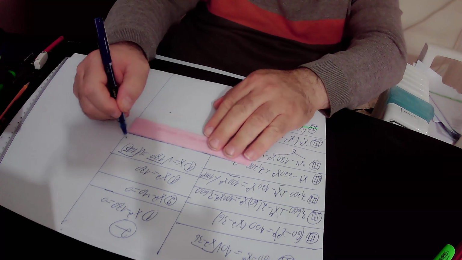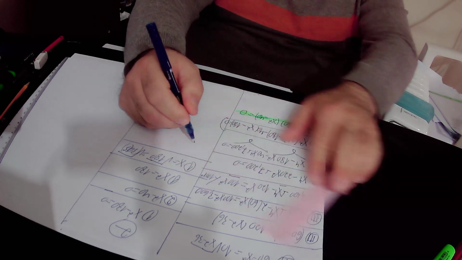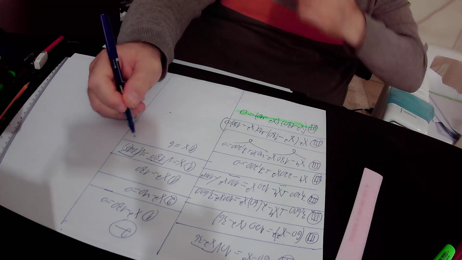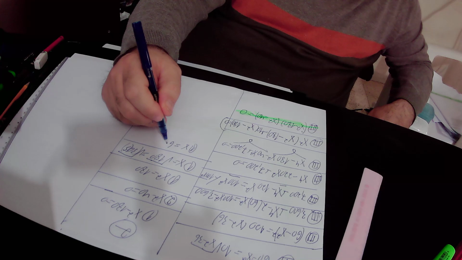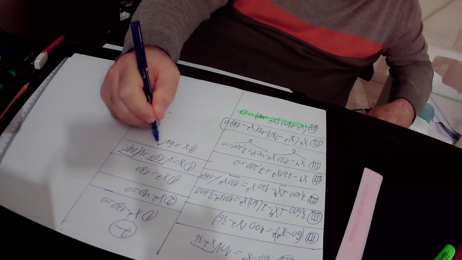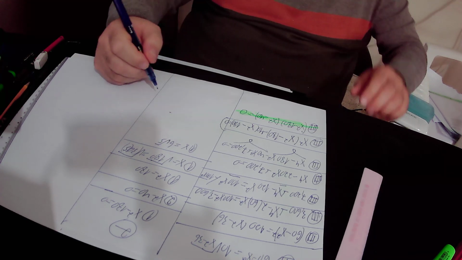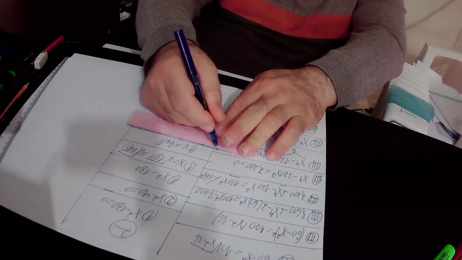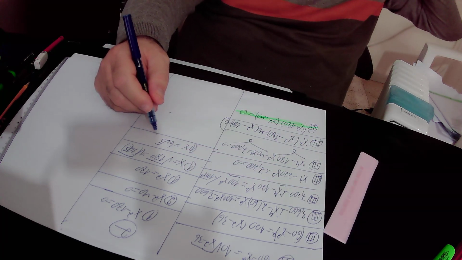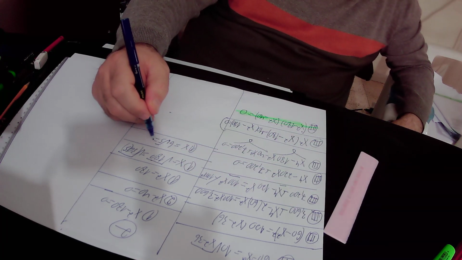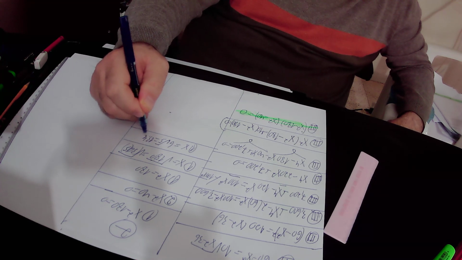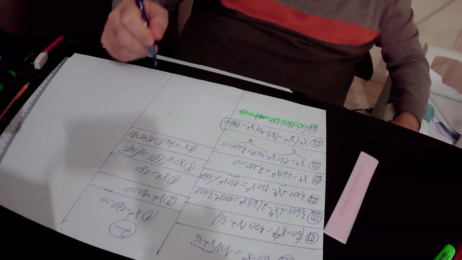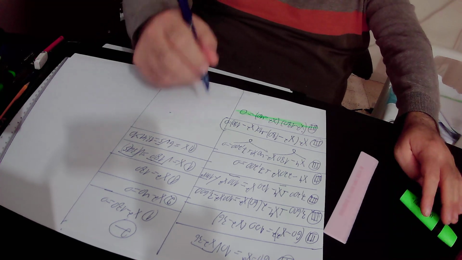The square root of 36 is 6, and inside the root we have left only 5. So in conclusion, the first solution for x is 6 times the square root of 5, that is actually equal to 13.41. That is greater than 10. This is the first solution for x.